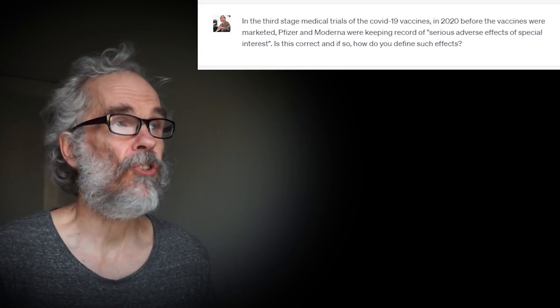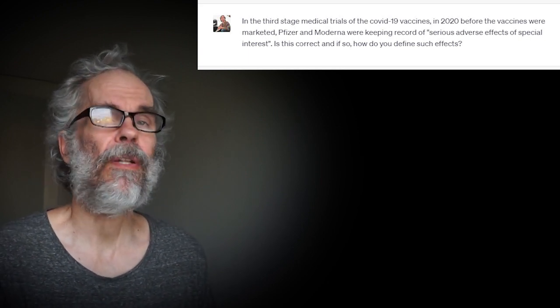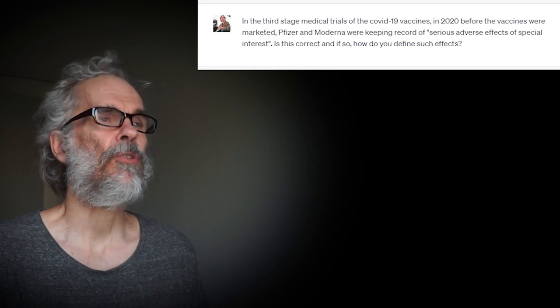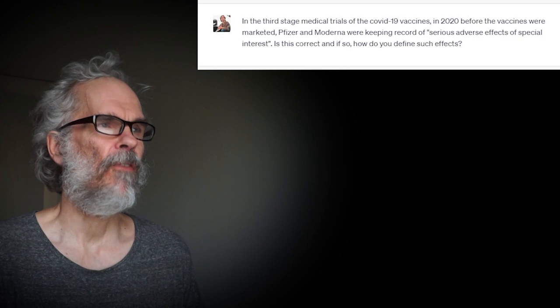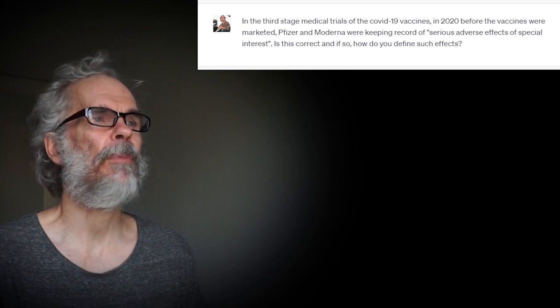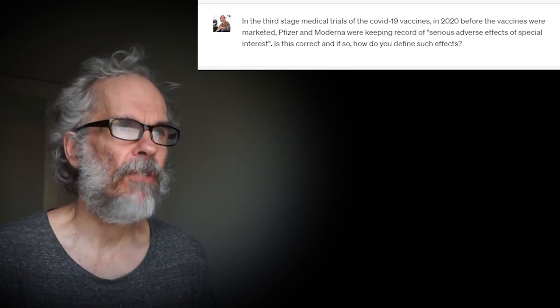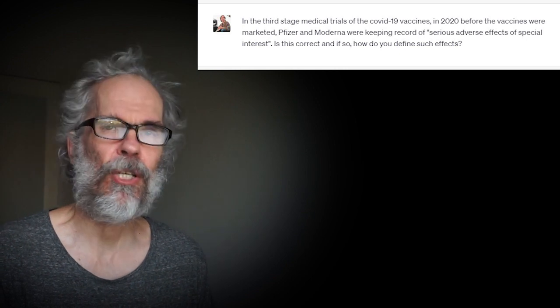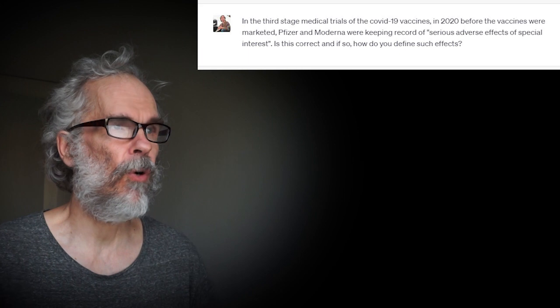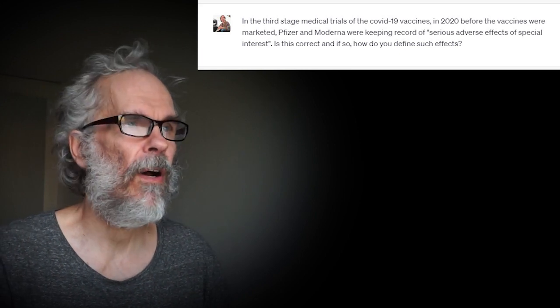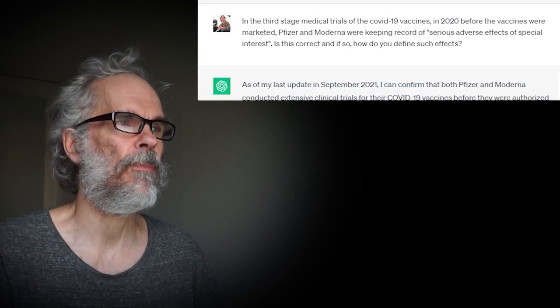In the third stage medical trials of the COVID-19 vaccines in 2020, before the vaccines were marketed, Pfizer and Moderna were keeping record of serious adverse effects of special interests. Is this correct? And if so, how do you define such effects?